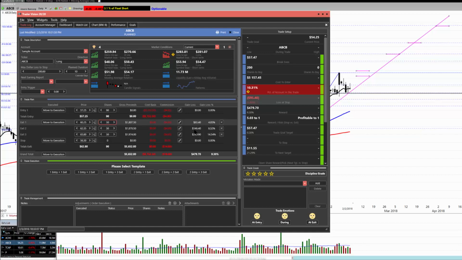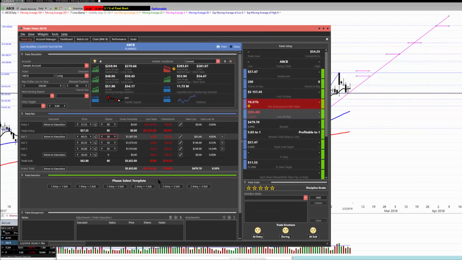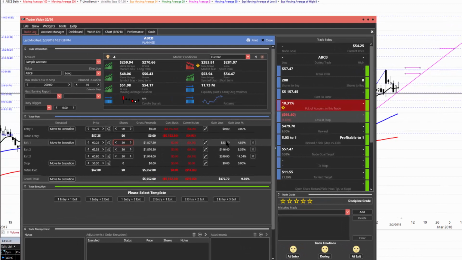And then if we could make it all the way to that third target, a 100% extension of this previous run, that would give us $250. So more or less, if we can get the first two targets, we would reach our goal if our goal was $250. And so that's a pretty good setup there.